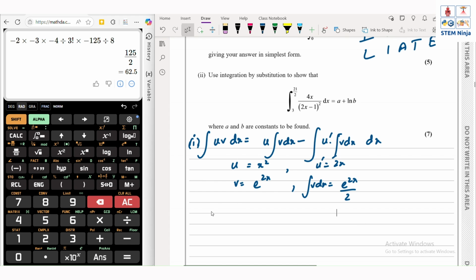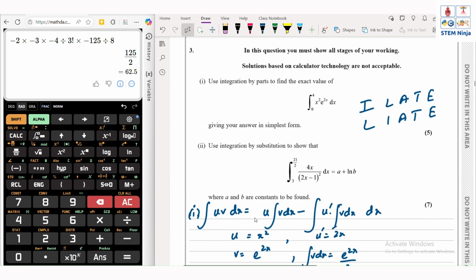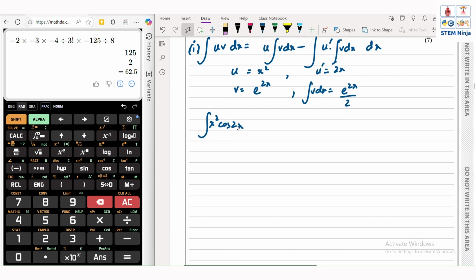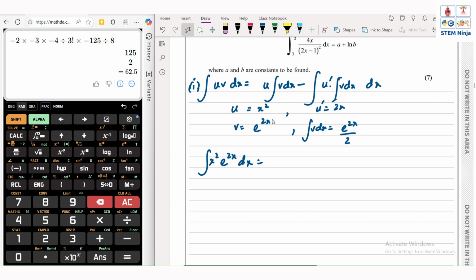So, the integral of x squared e raised to power 2x dx, we get u times this, so half x squared e raised to power 2x minus integral u prime times this, where the 2 and 2 cancel, so x e raised to power 2x dx.